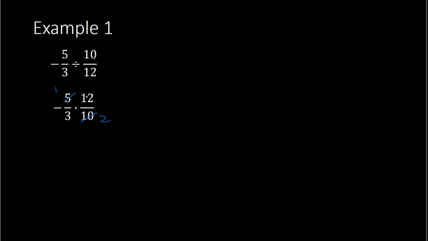The 12 and the 3 can divide both by 3 to get 4 and 1. And then here the 4 and the 2 can divide. That's going to give me 2 over 1. So I have negative 1 times 2 over 1 times 1. And that's going to give me negative 2 over 1, which is negative 2.